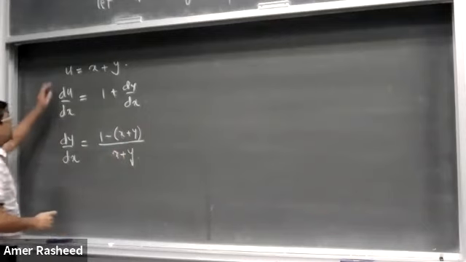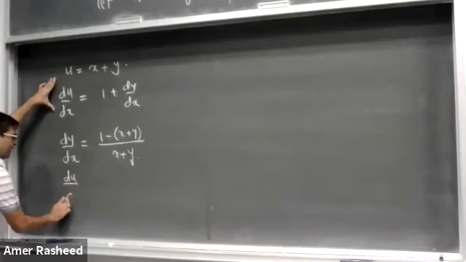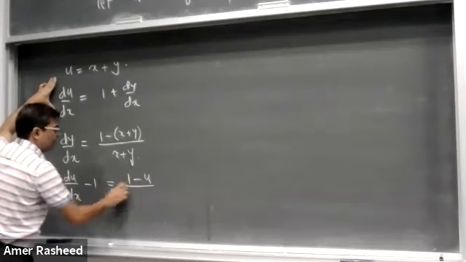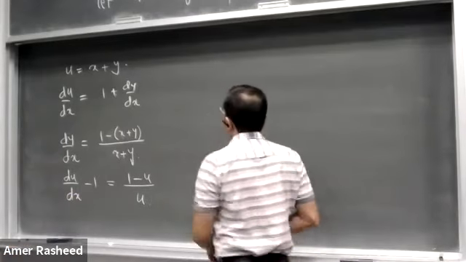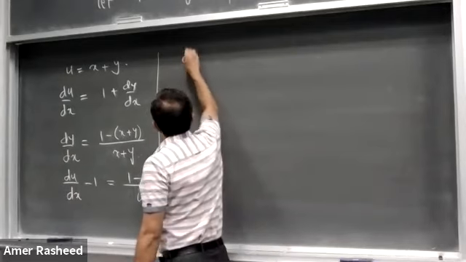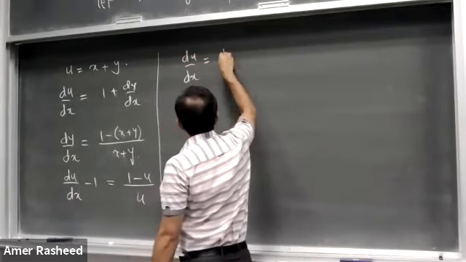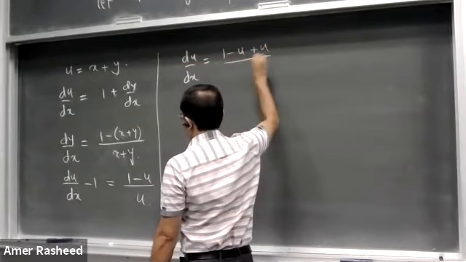So if we use this substitution, we can write dy by dx, which is du by dx minus 1, is equal to (1 minus u) divided by u. Now you bring this 1 on the right hand side and take LCM. So du by dx is equal to (1 minus u plus u) divided by u.